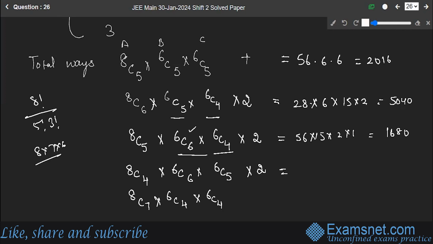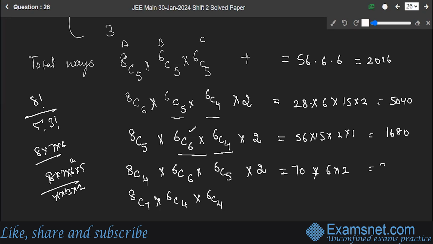This is 8C4. 8C4 gives me 8, 7, 6, 5 over 4, 3, 2. This cancels and this with 2, so 70. Multiply 6, multiply 2.